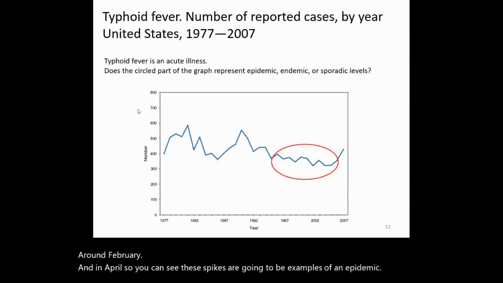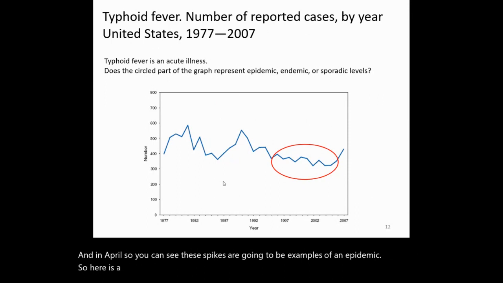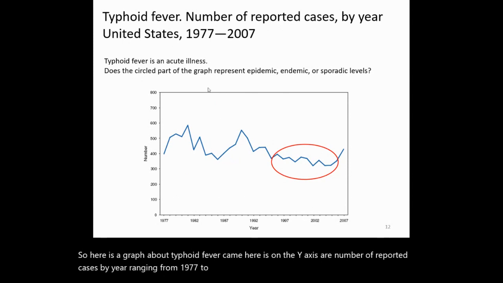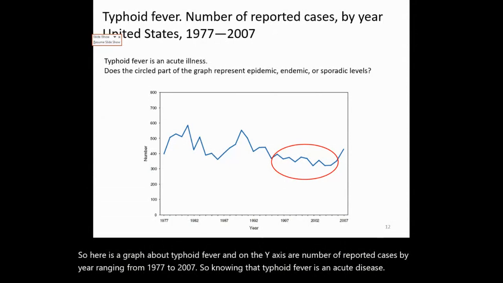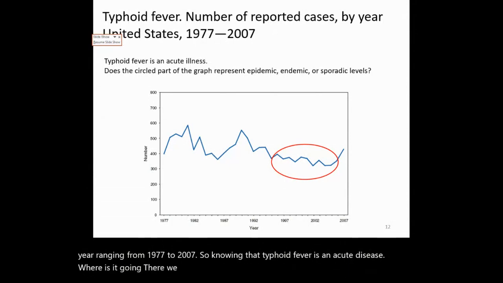So here is a graph about typhoid fever. And here on the y-axis is our number of reported cases by year ranging from 1977 to 2007. So knowing that typhoid fever is an acute disease, what do you think we are going to be worried about reporting?